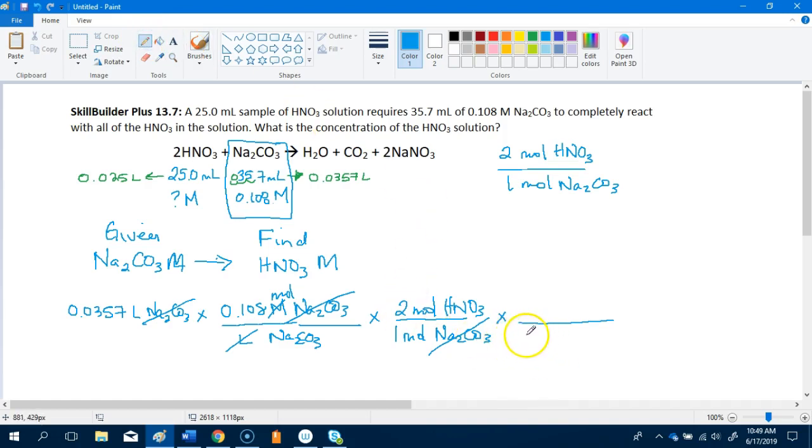I have 0.025 liters of HNO3, and that will leave me with my molarity of HNO3 at the top.